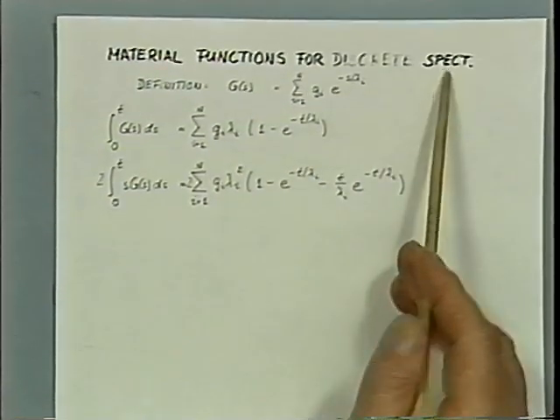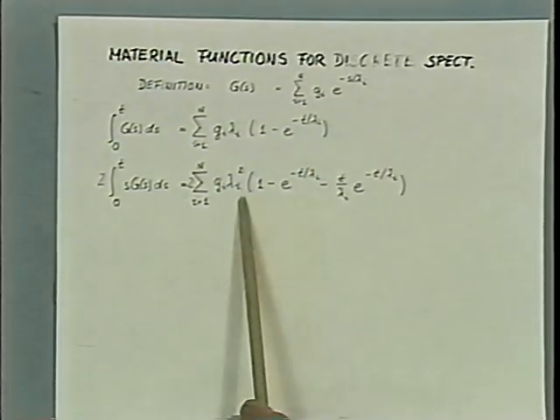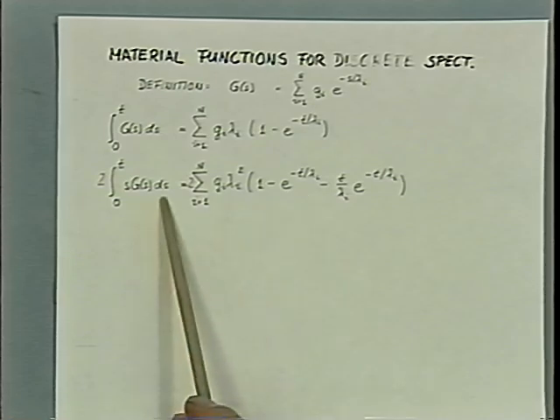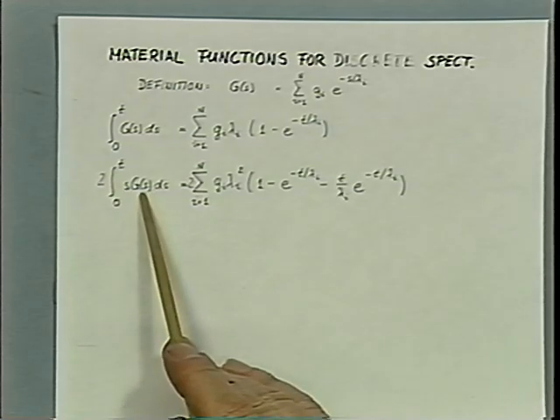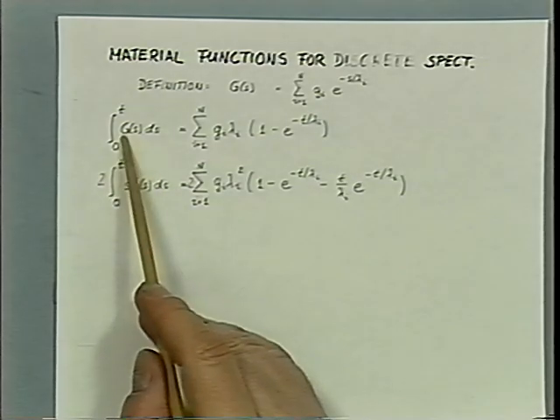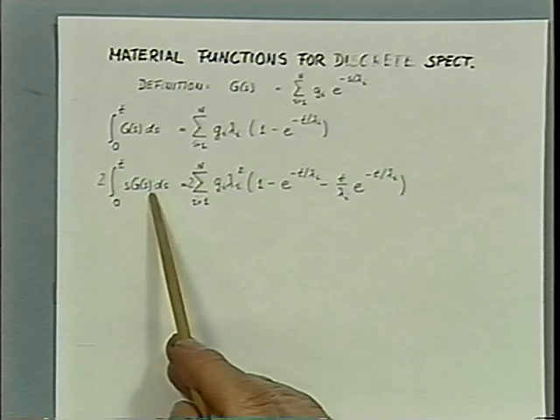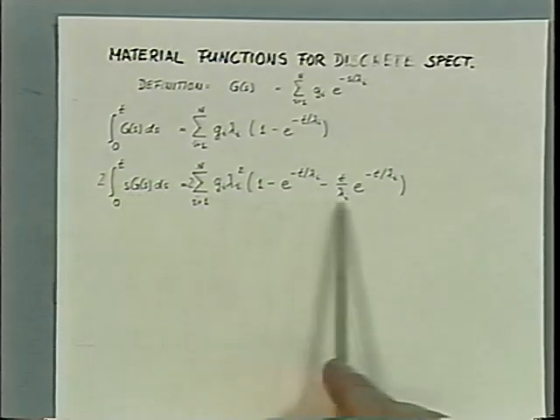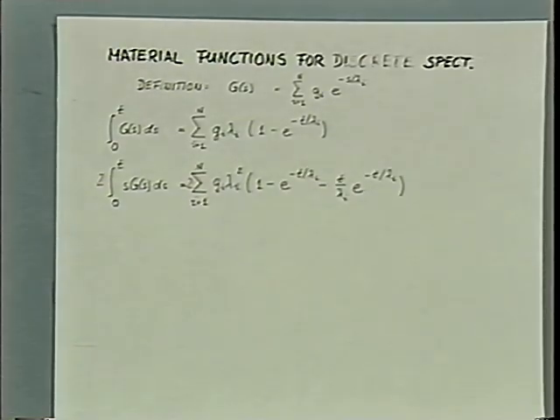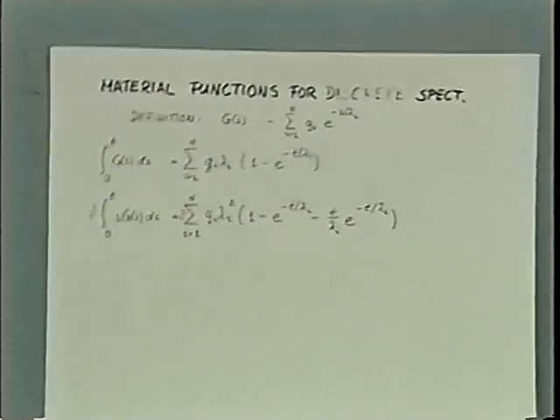This is a discrete spectrum. Here for the second term, you have s times the relaxation modulus, which occurs in the first normal stress difference. For that, you also have an analytical solution. That's one reason why those discrete spectra are so favored by many people: you get nice analytical solutions.